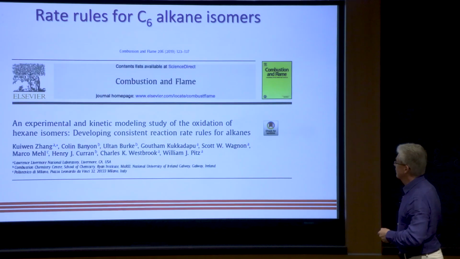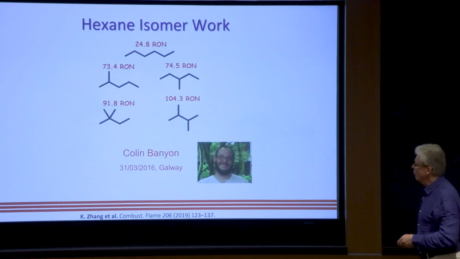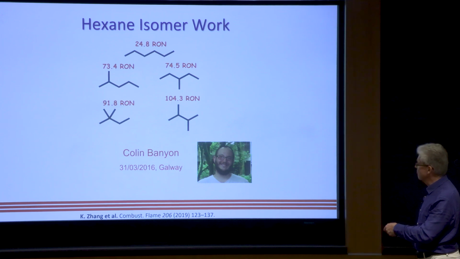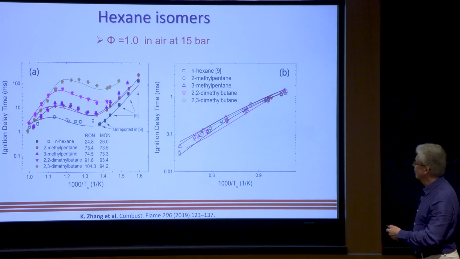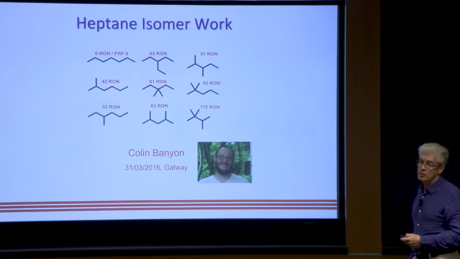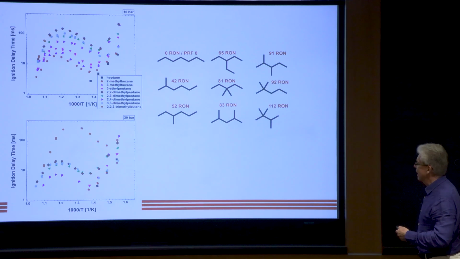Okay, so you can see that we had a lot of success with that, and we actually have data. It was Colin Banyon that took the data for the hexane isomers, which we published. And then he also took data for the heptane isomers, which we haven't published yet, but we hope to publish this year, finally. Okay, and using the rules.